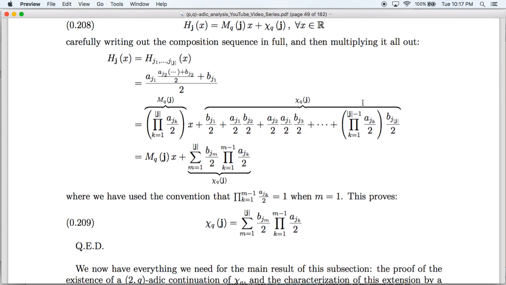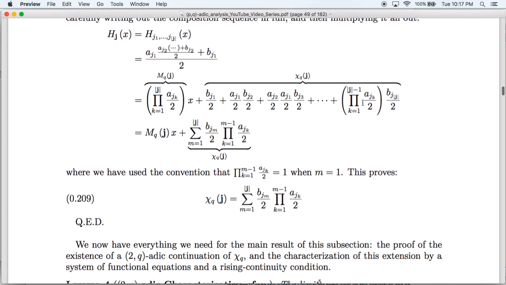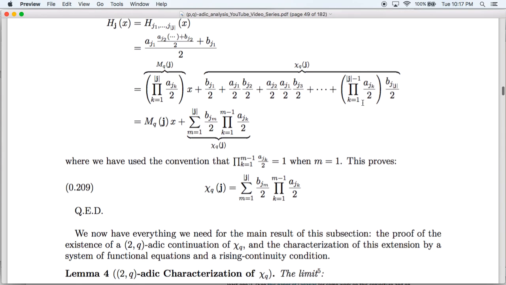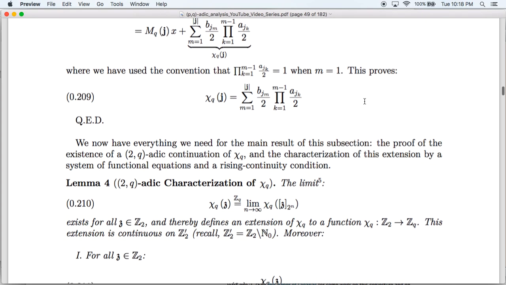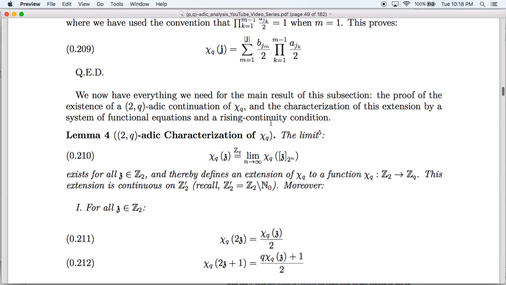So now we have everything we need for the main result of this subsection: the proof of the existence of a 2-adic to q-adic continuation of chi-q, and the characterization of this extension by a system of functional equations and a rising continuity condition. So here's lemma 4. The limit of chi-q of z mod 2 to the n converges q-adically to chi-q of z, and this right-hand side defines a function from Z2 to Zq.